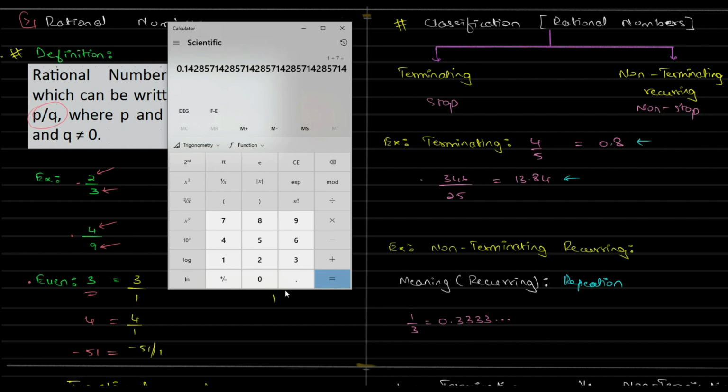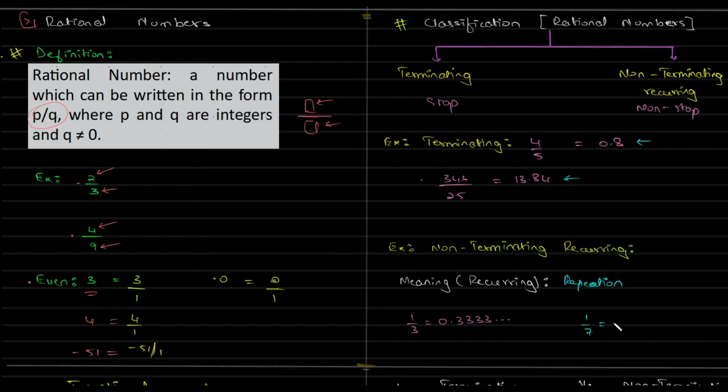So what is recurring over here? 1 by 7 is nothing but 0.142857, again 142857. So this part is recurring all the time. This is repeating all the time. Here 3 is repeating all the time.